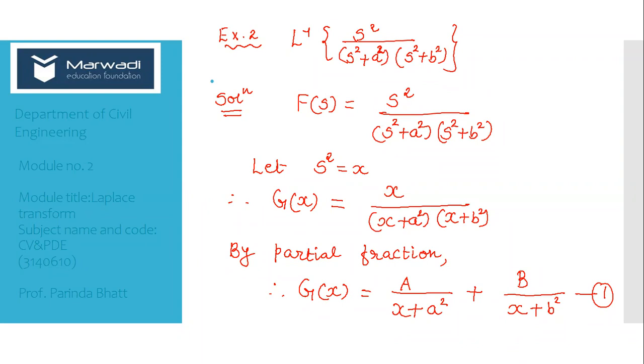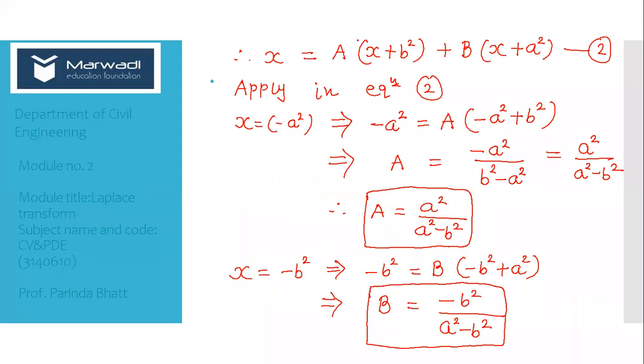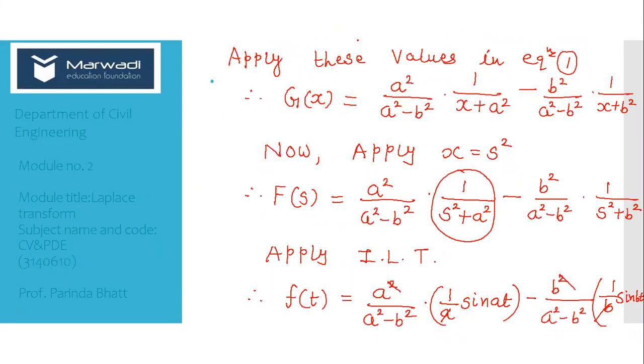Therefore, A upon 1 factor, B upon the other factor. And then we find the values of capital A and capital B. And then after getting the values of capital A and capital B, again substitute the x value as s square, right? What we assumed earlier, we have to apply back. Then at the final step, apply the inverse Laplace transform. Clear, everyone?